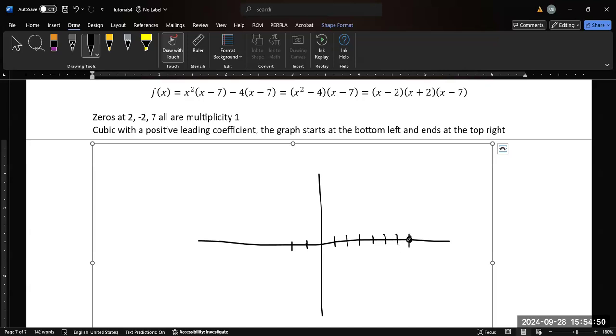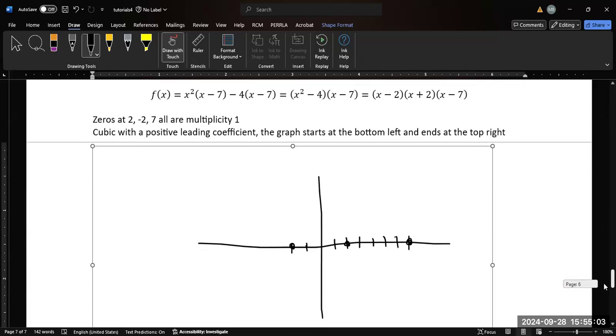We've got a 0 out here, a 0 out here, and a 0 out here. We know the y-intercept from the original problem is going to be 28. So it's going to pop way up here, up here someplace. But what we also know is that it's going to start very negative.